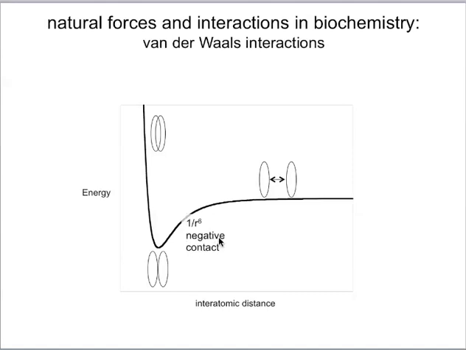That is to say, the distance dependence of that goes as 1 over r to the 6th, the separation of those two atoms. And there's some minimum distance at which we achieve a contact. And then as we interpenetrate, we go through to a distance dependence of 1 over r to the 12th. That is to say, positive free energy, and as those shells overlap, we experience a repulsion. So there's an attractive force and a repulsive force in a Van der Waals type interaction.